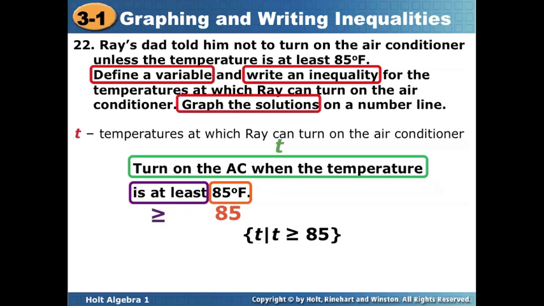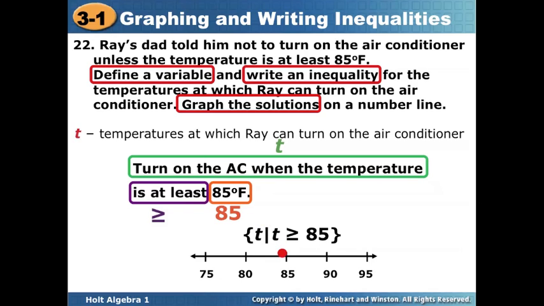Our final thing is to graph the solutions. Remember, you can go 2 less than and 2 greater than the numerical value you have. So I'm counting by 5s here. So 75, 80, 85, 90, 95. As long as you're consistent in your counting, you can be counting by any values you would like.